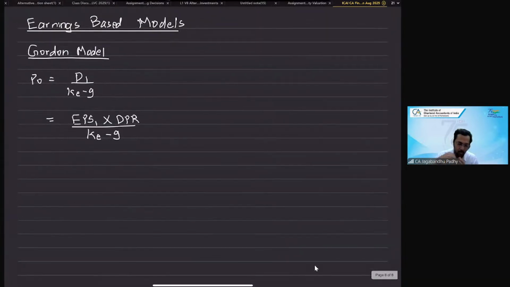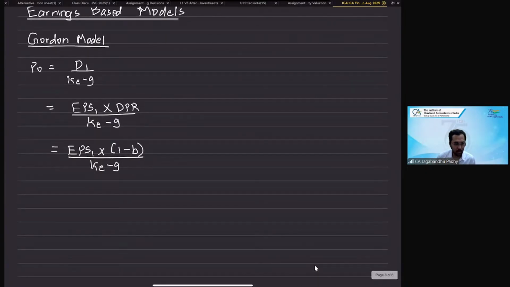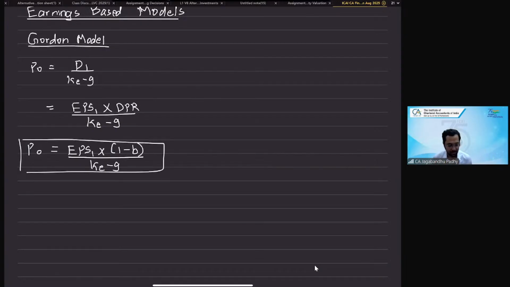So Gordon formula, P0 is equal to D1 upon K minus G, which is EPS 1 into dividend payout ratio upon K minus G. The dividend payout ratio is 1 minus B, where B is the retention ratio. So this is again the price formula wherein we are not talking of dividend, but essentially about the earnings.